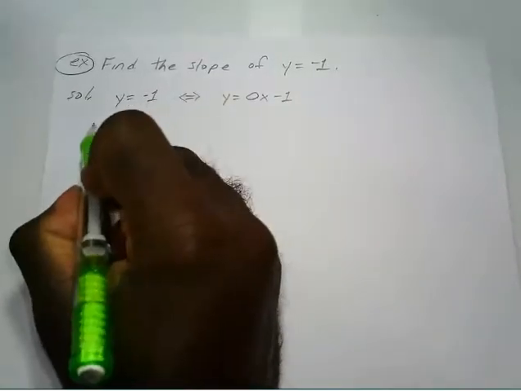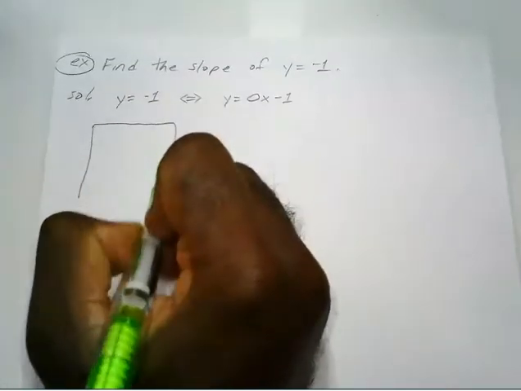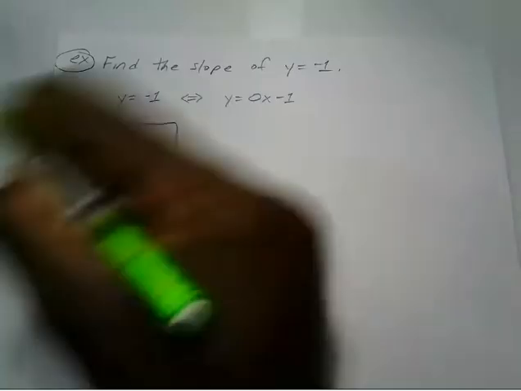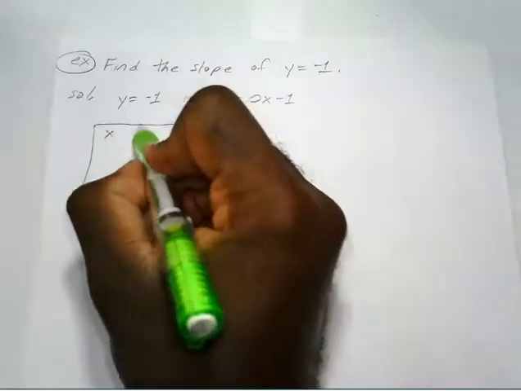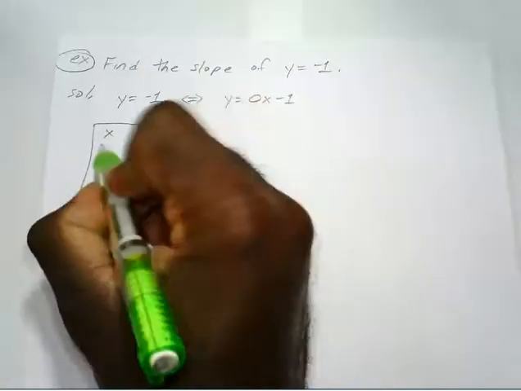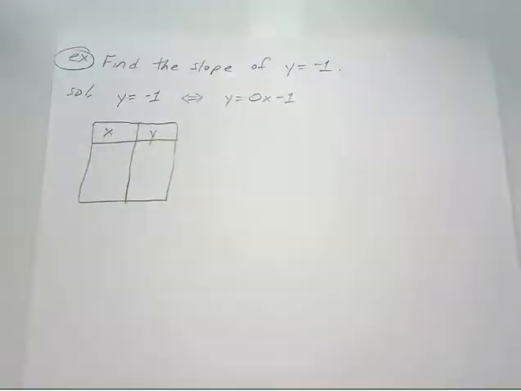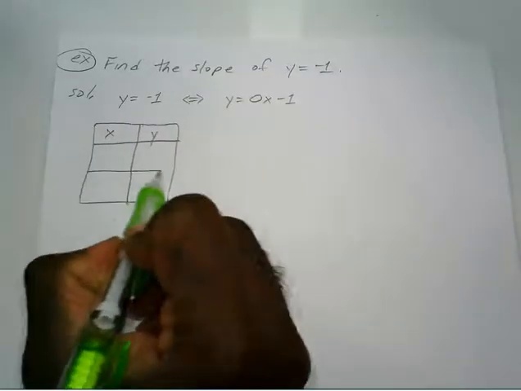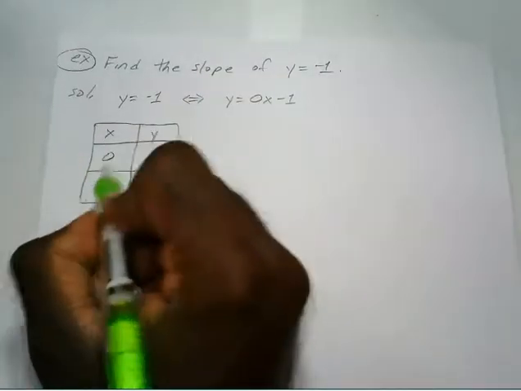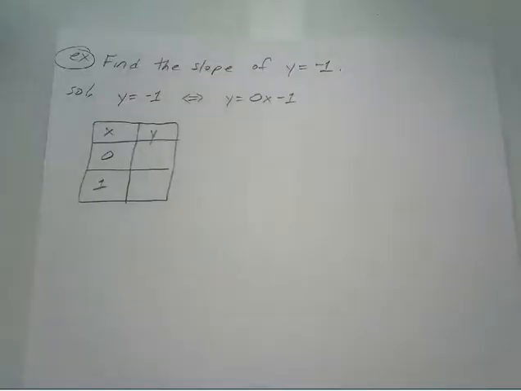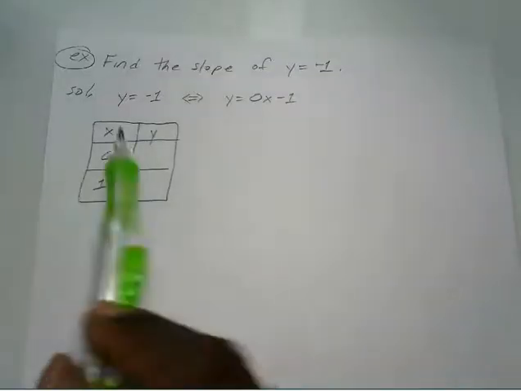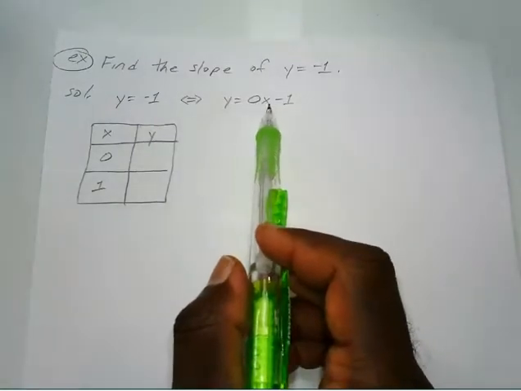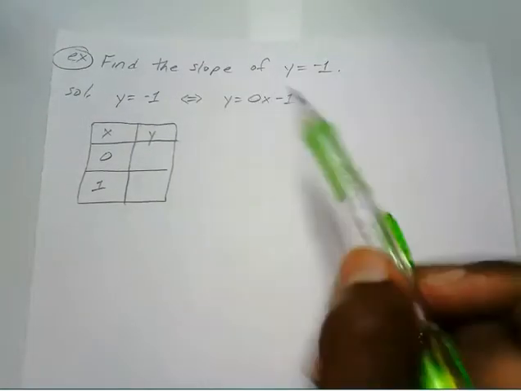All right, so now let's say we decide to graph this. We have our x and we have our y. Let's say we decide to graph this, so we'll let x equal 0 and x equal 1. So when x is equal to 0, 0 times 0 is just 0, so y is still -1.